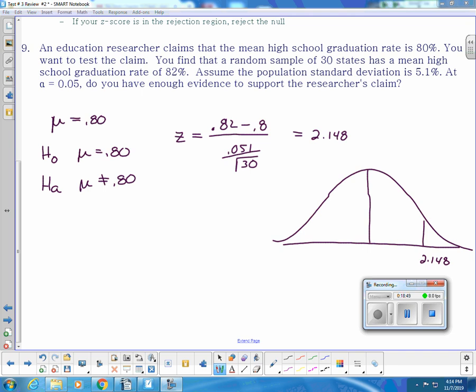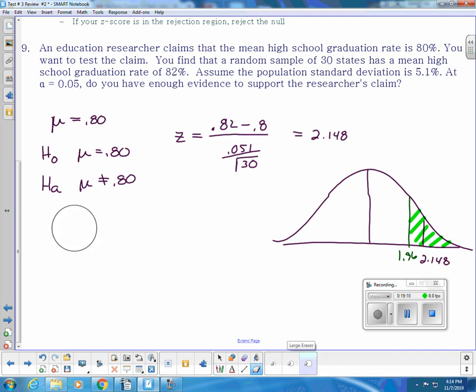So 1.96 is here. So anything to the right of that is going to be rejected. So this is my rejection region. And my z-score is right inside that rejection region. So I would say I'm going to reject. You have enough evidence to reject the null.